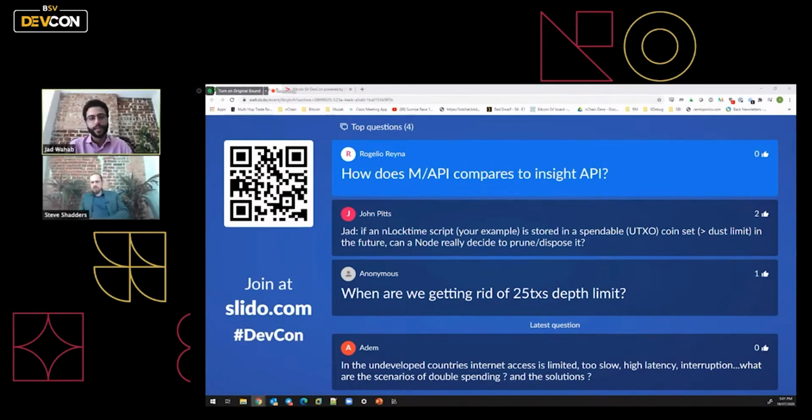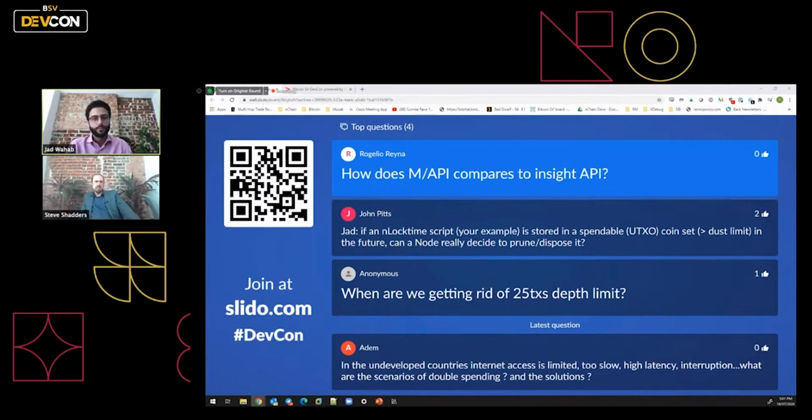It's not really an interface into the miner directly. It's sort of a second layer. So you would go through the Insight API or What's on Chain or Matter Cloud, and then that's a second layer into the merchant API. But MAPI is a direct connection to the node or the miner.